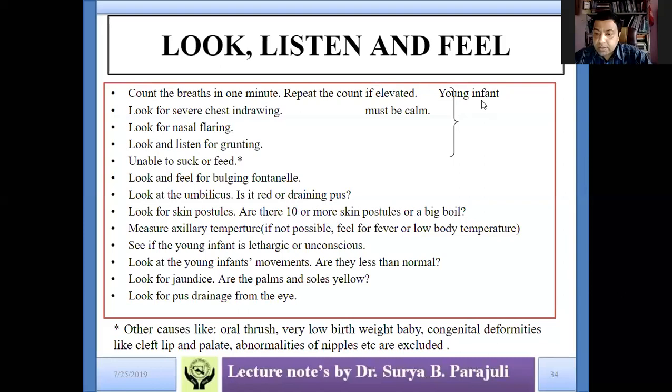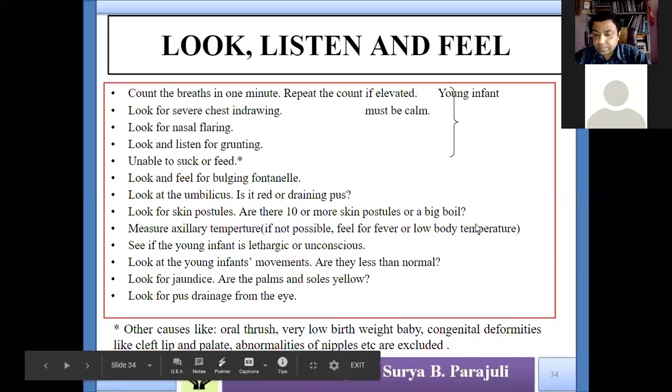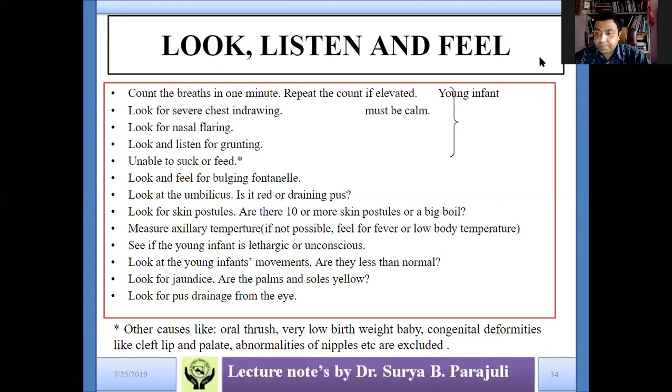The young infant must be calm. You need to count breaths in 1 minute, a full 1 minute.